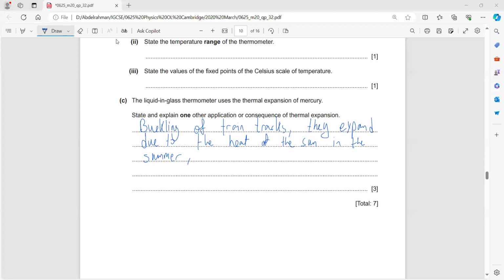Leave gaps between the sections of the tracks. Okay. This is one of the consequences of thermal expansion.